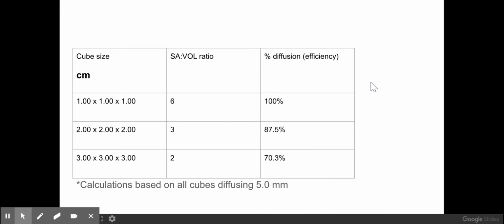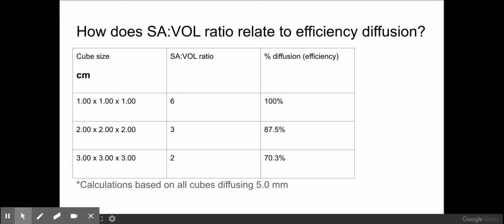Now, this becomes an issue when you look at diffusion efficiency. These are numbers from last year. We had cubes made out of agar, and then we calculated the percent diffusion, or the efficiency rate for diffusion in those. These are based on 5 millimeter diffusion rates.